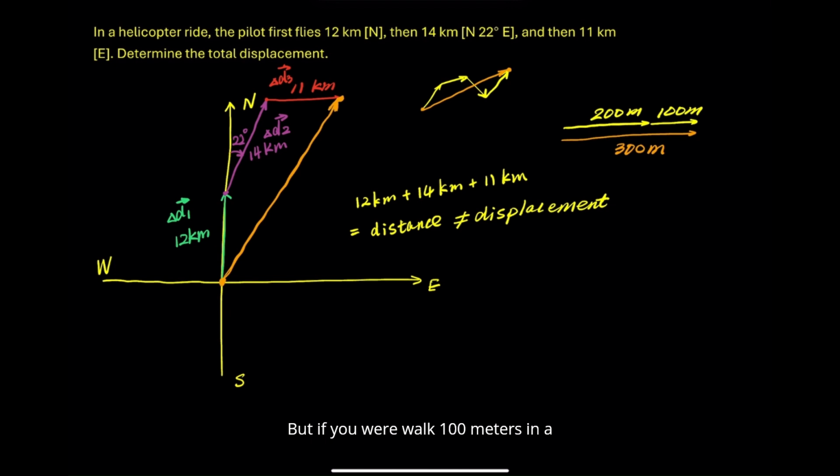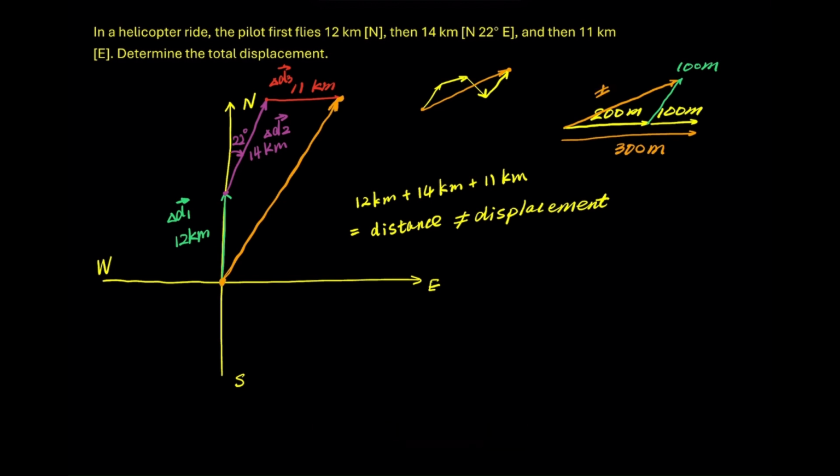But if you walk 100 meters in a different direction, your total displacement would be something like this, and it's actually less than 300 meters. It's not 300 meters.